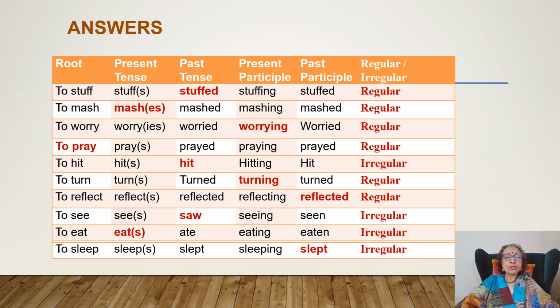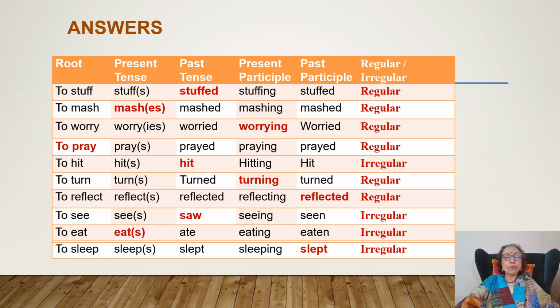In the second verb, to mash, what was missing is the present tense. So the present tense has two forms, mash and mashes. The sh sound is there, therefore we have to add es. Just adding s is not enough. We have to add es. Then it is regular because mashed and mashed, past tense and past participle, are the same.